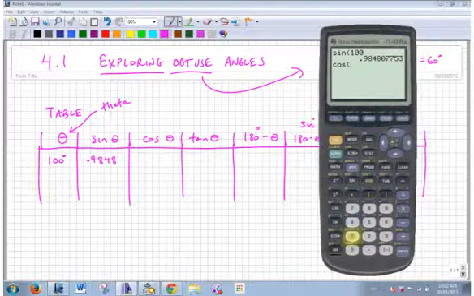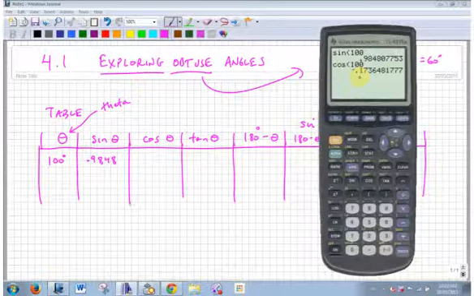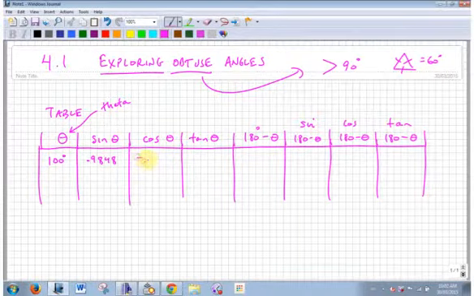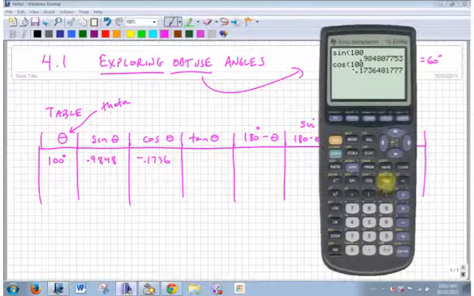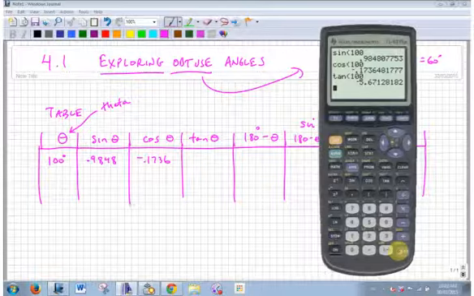What does cosine theta give me? Cosine of 100 is a negative. That might seem kind of weird, but it's fine. Minus 0.1736. Okay, and what's the tangent ratio of 100 degrees?